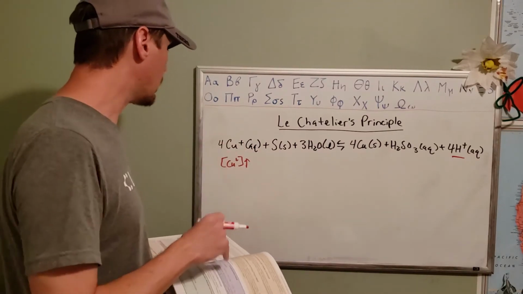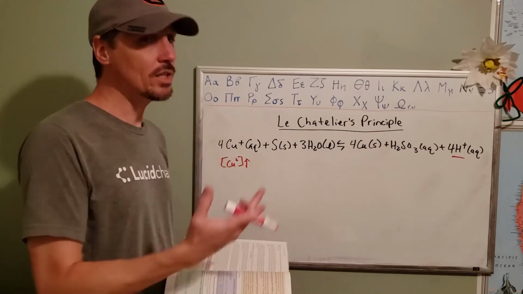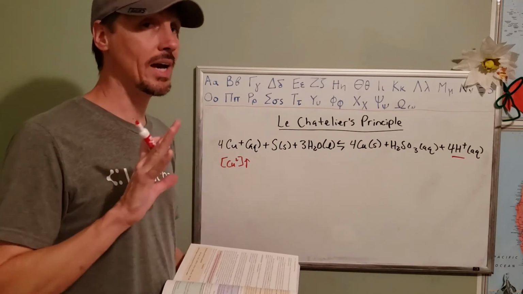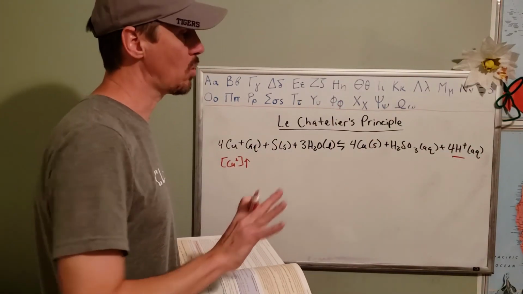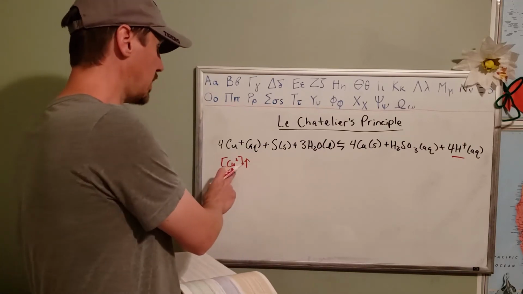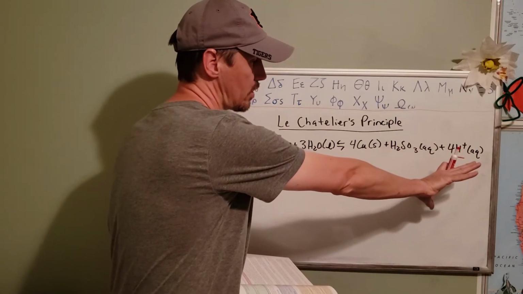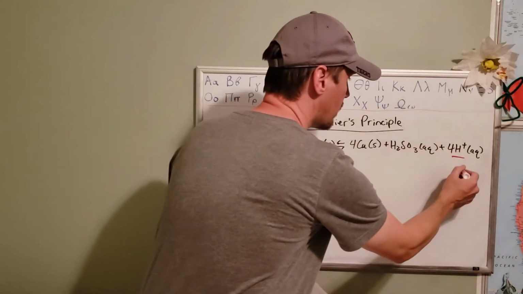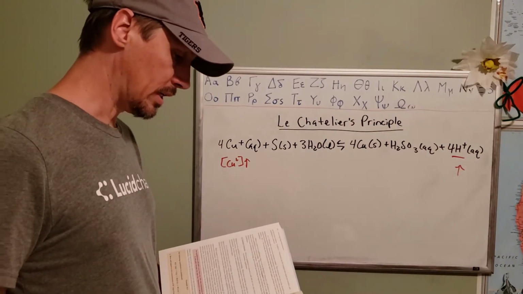And so the statement that we derive from that is that whenever there's an increase in concentration on one side, the reaction is going to shift towards the other side and make more of whatever's on the other side. Okay, so in this case, if Cu+ goes up, the reaction is going to shift to the other side of the equation, to the product side, and therefore H+ is also going to increase.